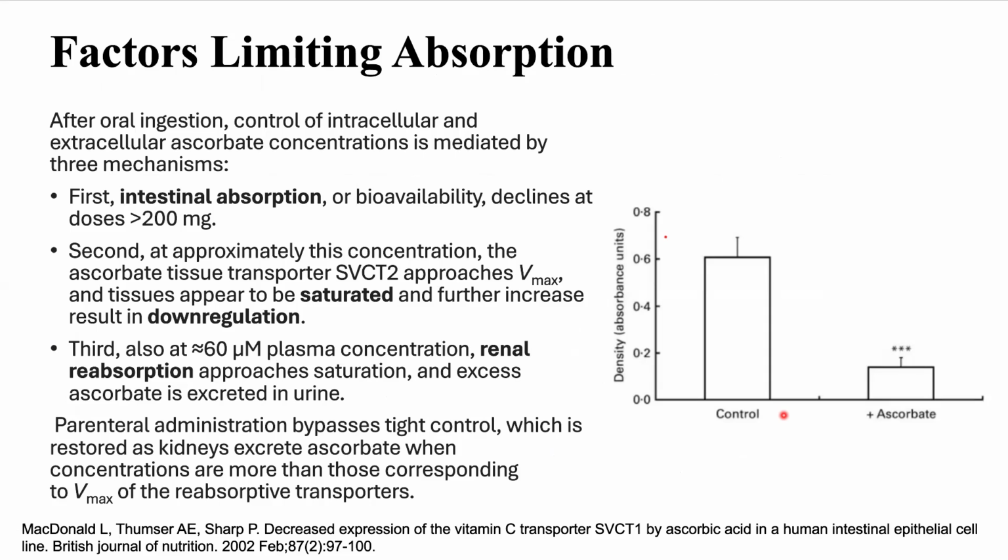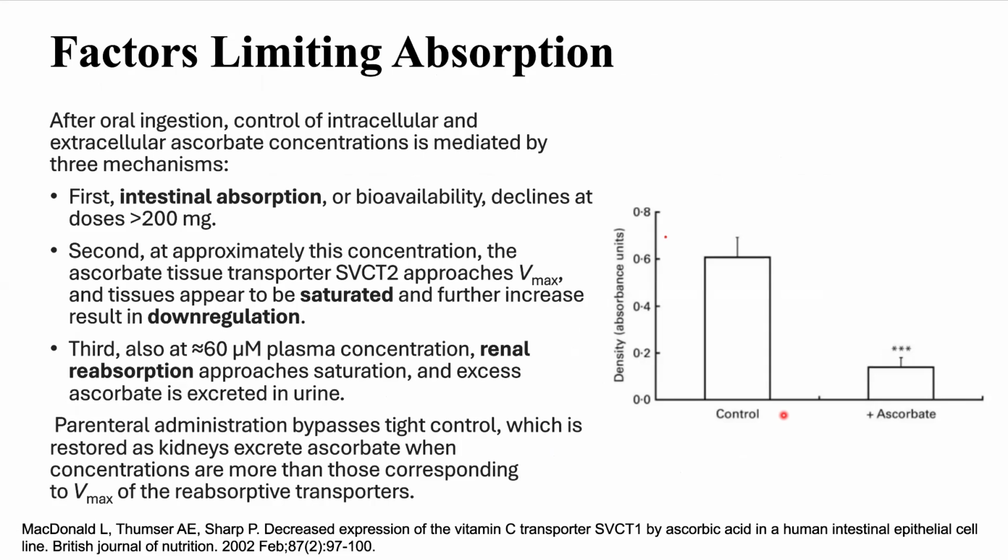Next on, they found out there were some vitamin C transporters that I already told you about, how vitamin C gets into the body and distributes towards different tissues or organs.